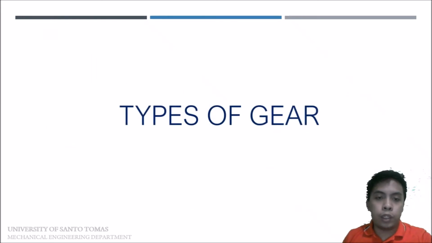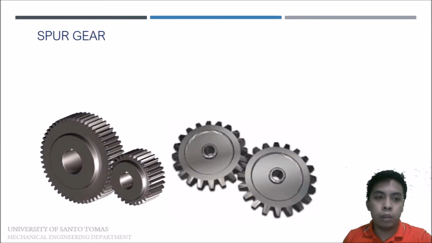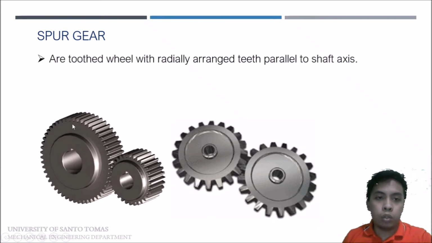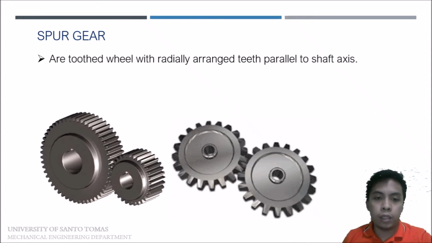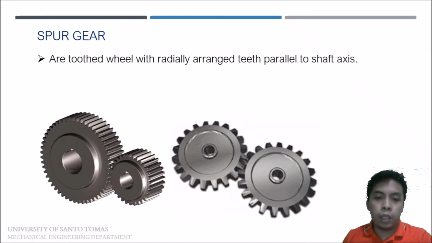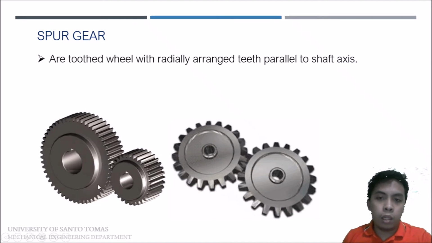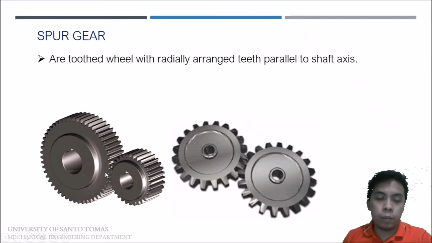So first, let's discuss the types of gear. Spur gear: you can see here in the image, they are toothed wheels with radially arranged teeth parallel to the shaft axis. So this means the tooth arrangement, or the geometry, is parallel to the shaft axis.